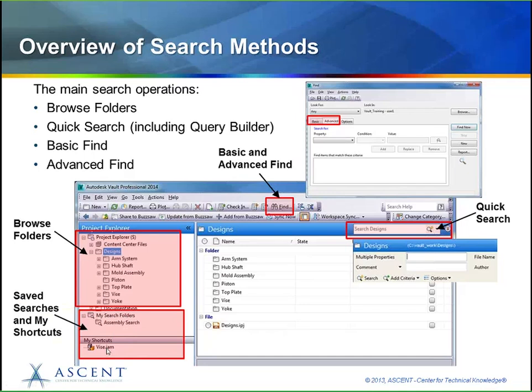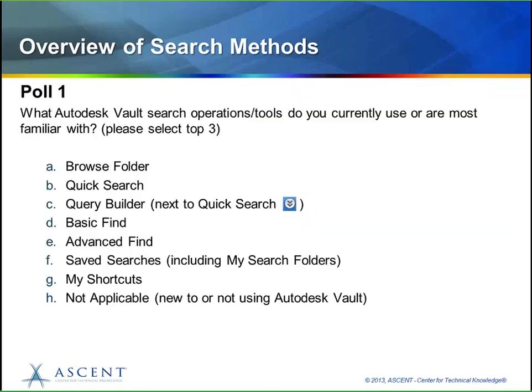So basically this is showing all the search methods available, and then we go on to the next poll, and I'd like to find out the following question. So the poll question is, what Autodesk Vault search operations or tools do you currently use or are most familiar with?